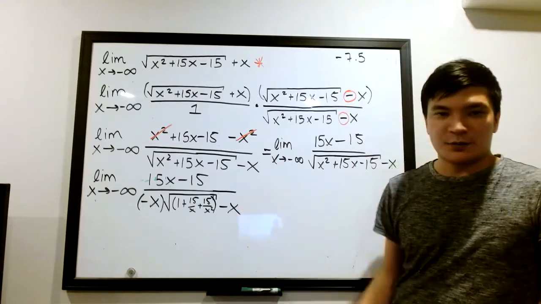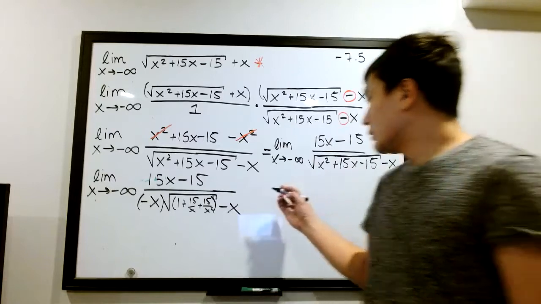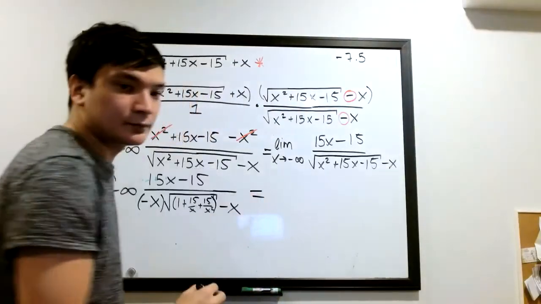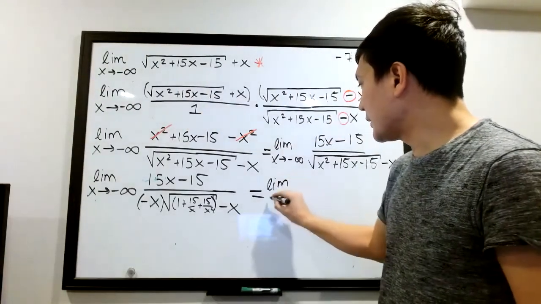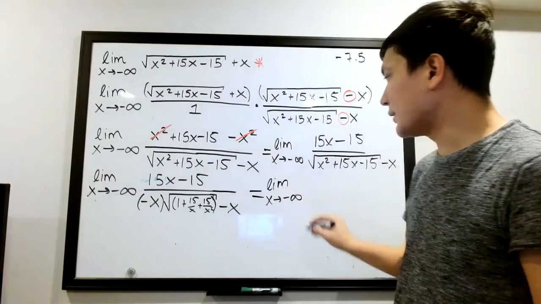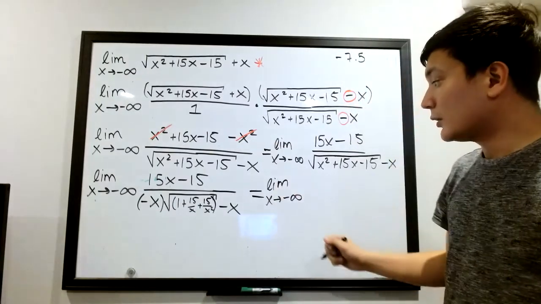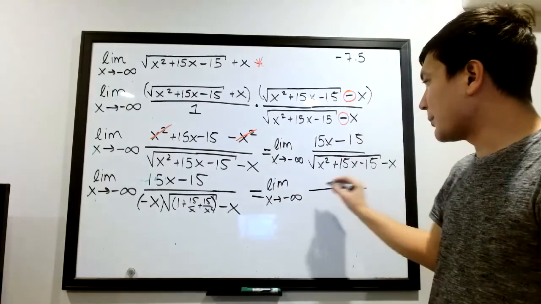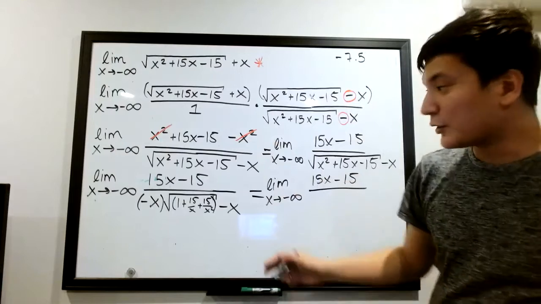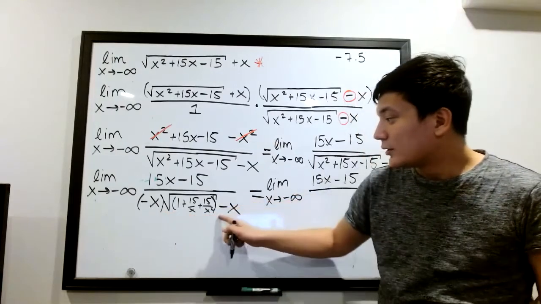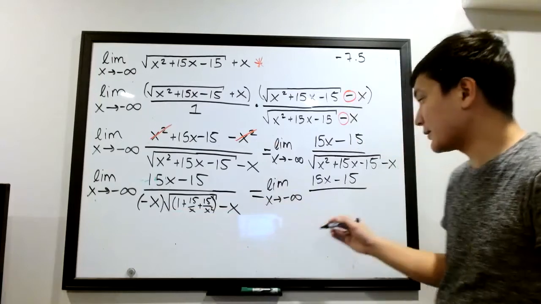Okay, so now we have this expression, and now we can do a little bit more algebra. So now I'm going to write the limit as x approaches negative infinity. And now I'm going to just recopy the numerator. And now I'm going to factor out the negative x, right?